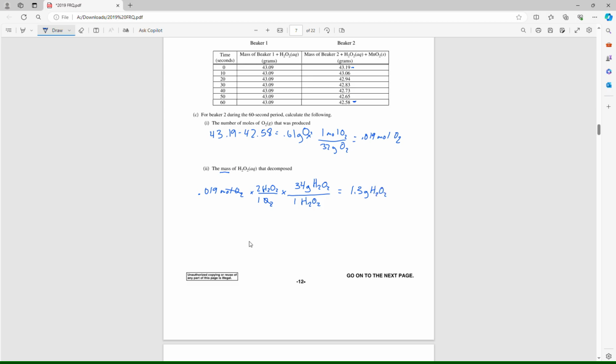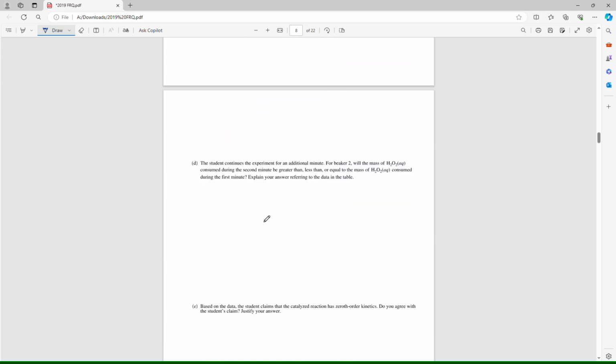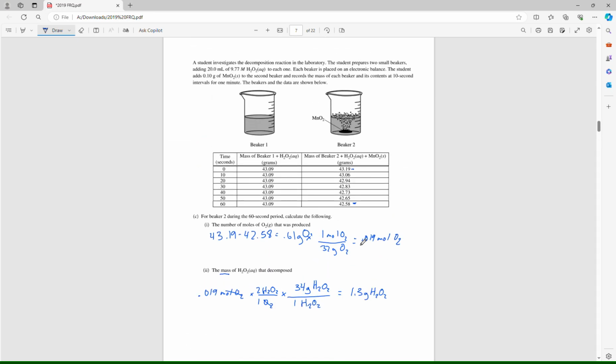All right, the student continues the experiment for an additional minute. For beaker 2, will the mass of H2O2 consumed during the second minute be greater than, less than, or equal to the mass of H2O2 consumed during the first minute? So you can see as we progress down the table, we're losing less and less mass each time. Between here and here, we're losing 0.15 grams. Between here and here, we're losing 0.12.